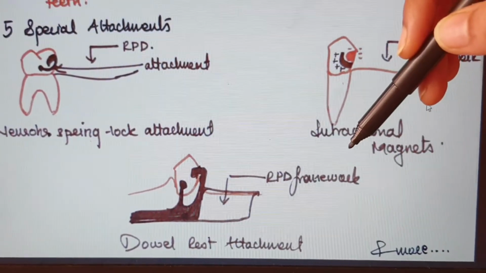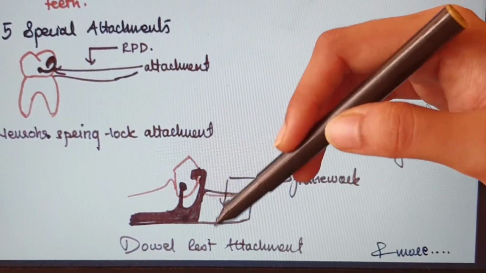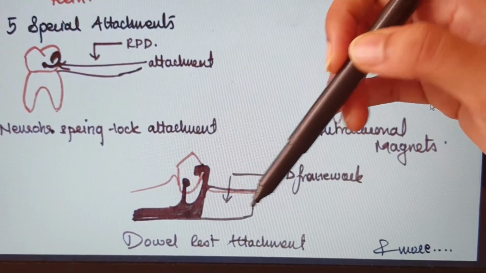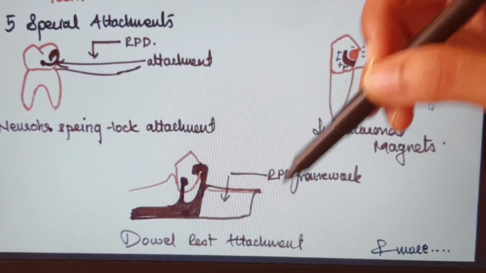The next one is your dowel rest attachment. The diagram shown over here is an example of dowel rest attachment. So even many more intracoronal attachments are present for various different cases.